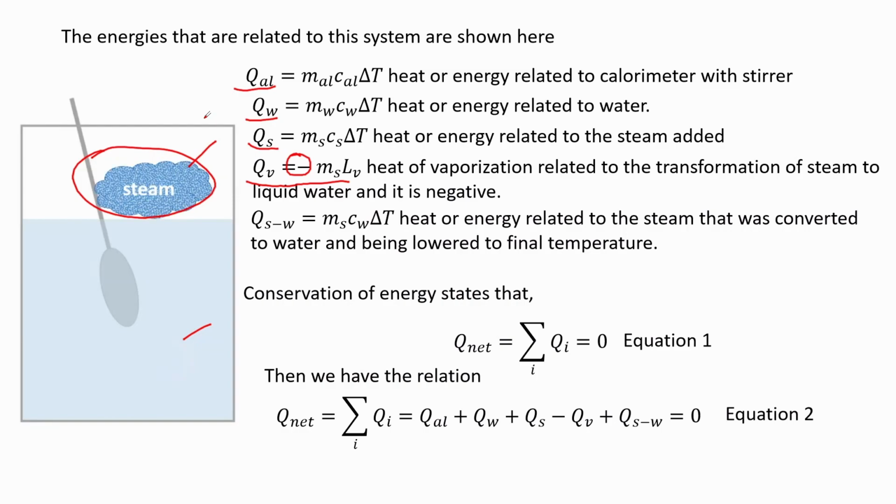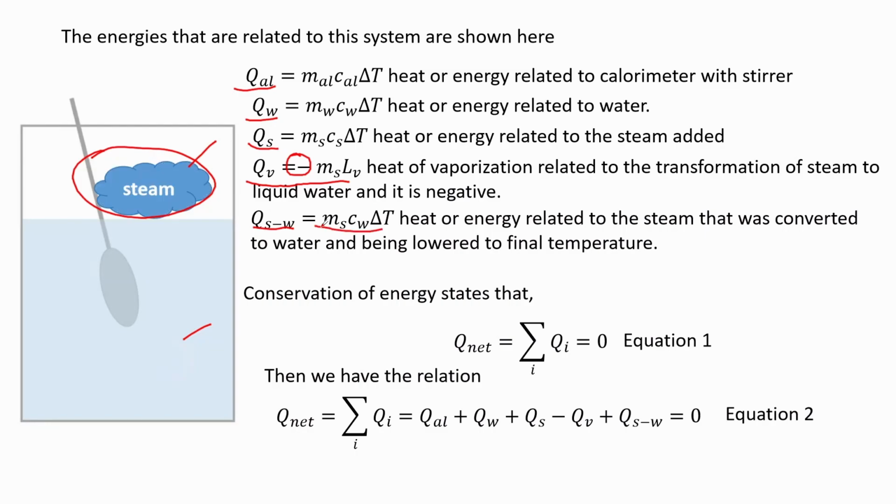Then, since after this process the steam has turned into water, we add this expression here, wherein the mass of the steam is being moved from the temperature to the final temperature, as shown by the expression here.